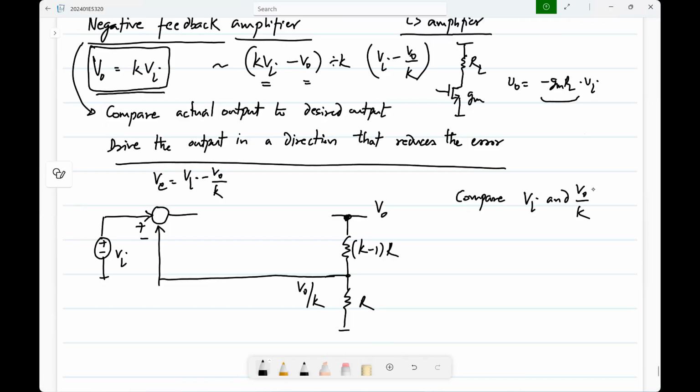What should happen to the output if VE is positive? If Vi is positive, what does it mean? The output is too small or too large? It's smaller than required, right? So the output must go on increasing. Similarly, if VE is negative, the output should go on decreasing. This continuous adjustment is key to negative feedback, right?